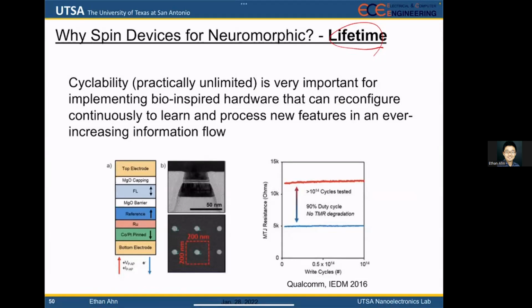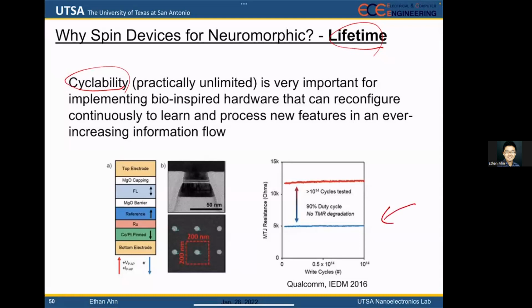That is related to the terminology called cyclability, or sometimes endurance. For this characteristic, spin devices are known to have much better endurance, cyclability, or lifetime compared to, for example, RM and PCM.